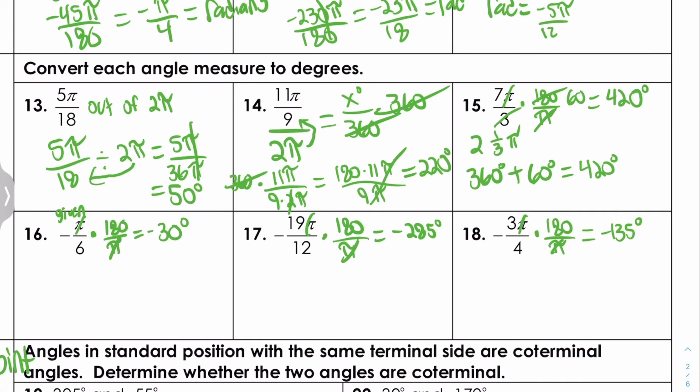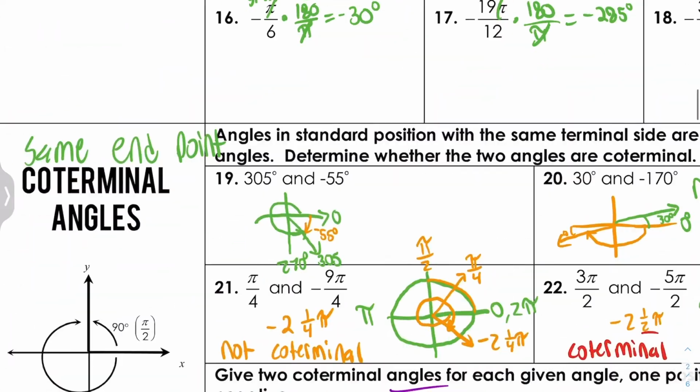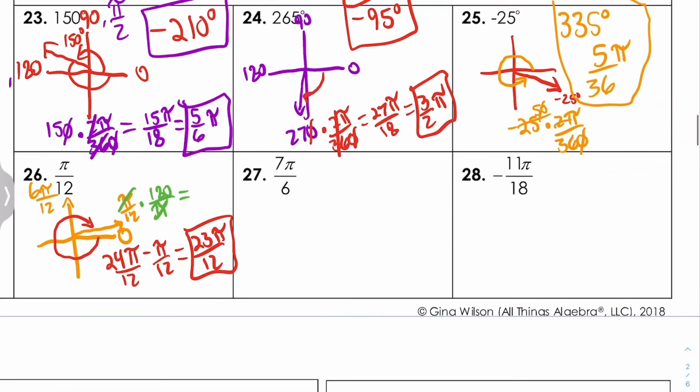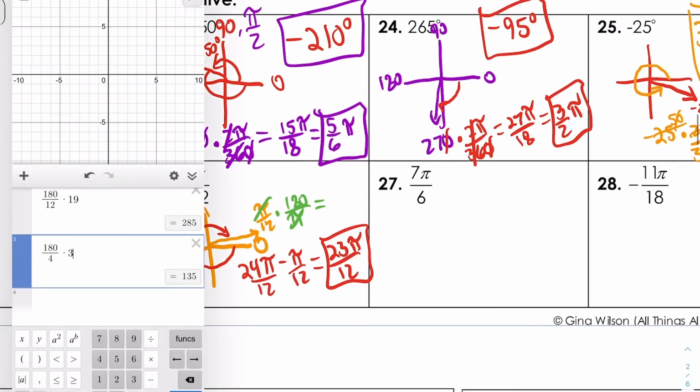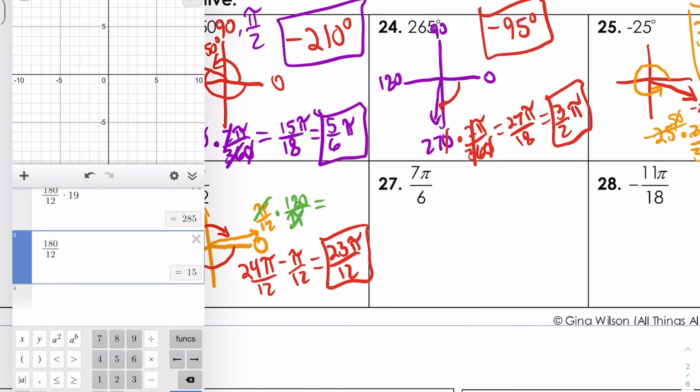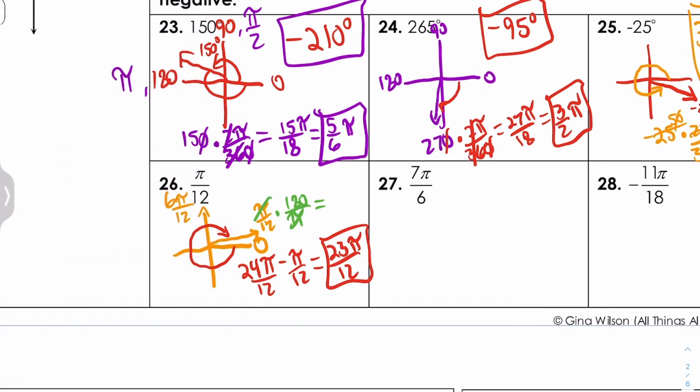I think it was 15. We'll use a calculator anyway. 15. Which matches, from the start, it was supposed to be a little sliver of an angle, and 15 degrees is a little tiny angle.